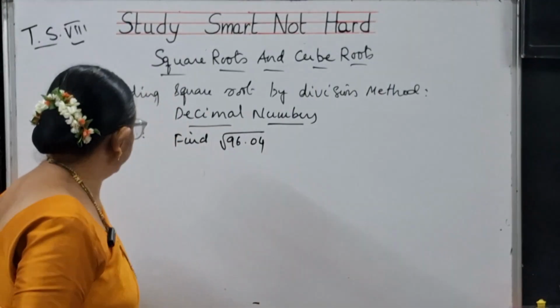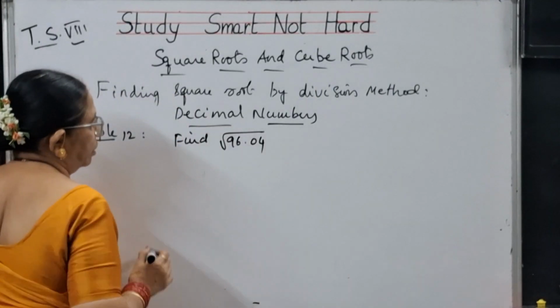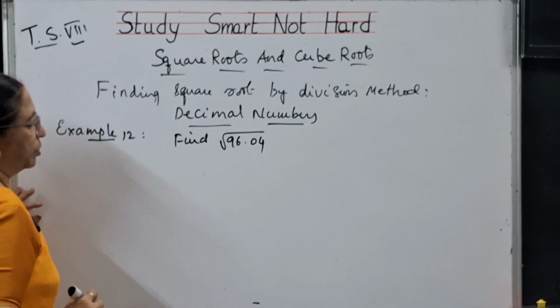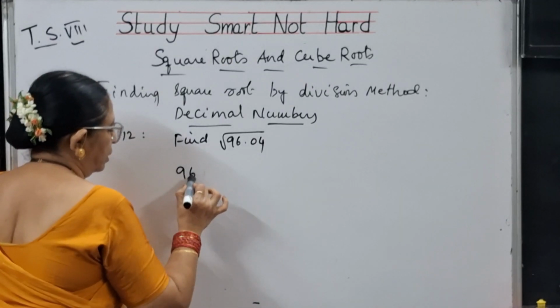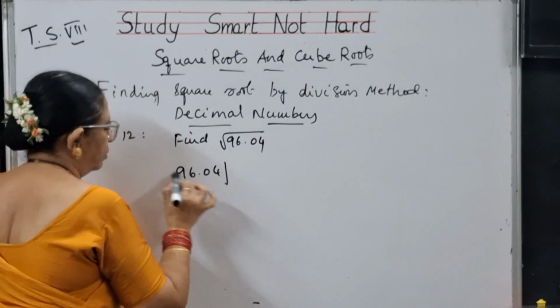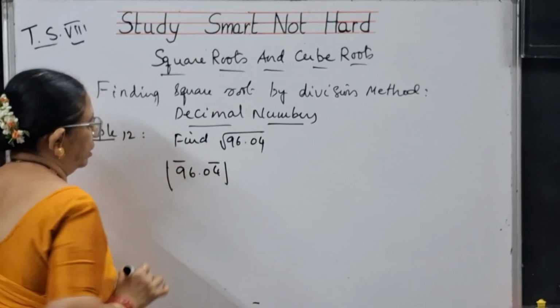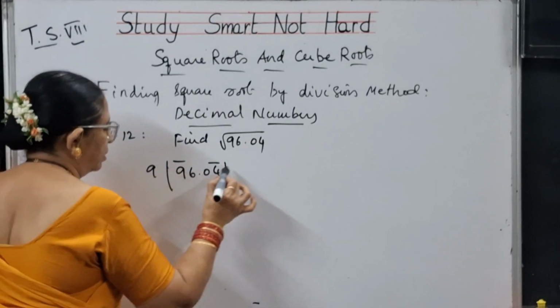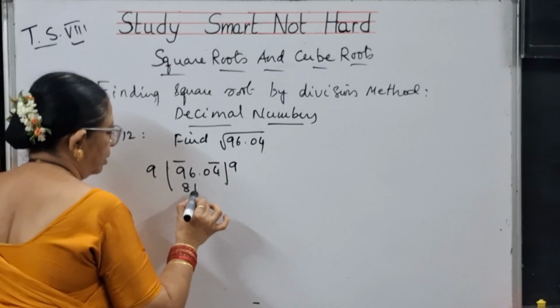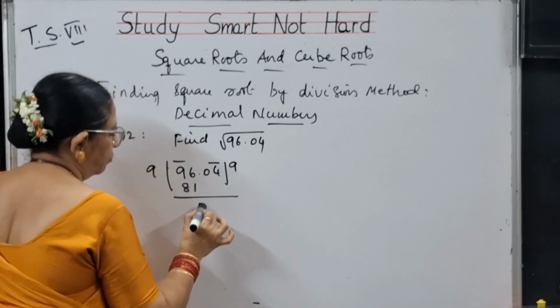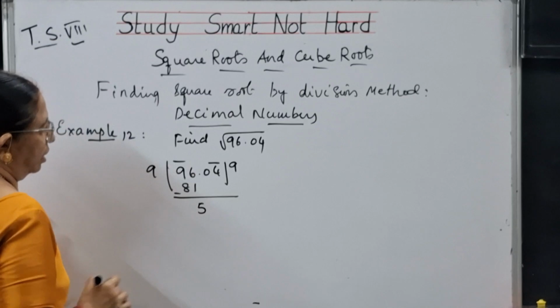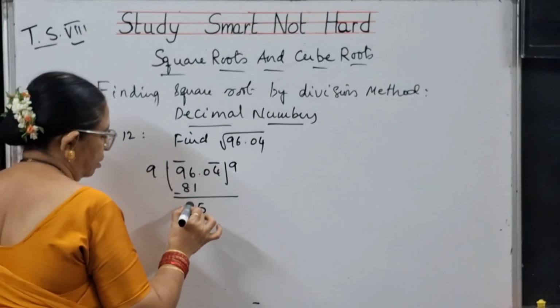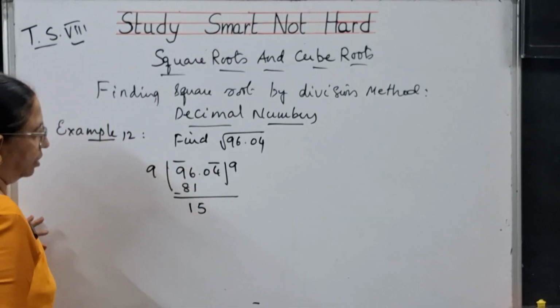Now next example, children. Find the square root of 96.04. So take 96.04, go for pairing. 9 nines are 81. You can't take anything else. 9 nines are 81. So I got 5 here, and this is 9 minus 8, 1 here.